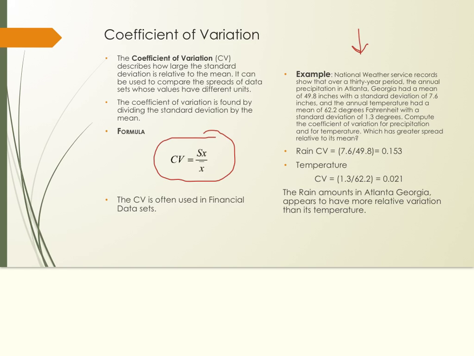So we want to compute the coefficient of variation for both rain, precipitation, and for temperature, and which has a greater spread relative to its mean. And when we did the calculations for both, we see that rain has a CV of 0.153 and the temperature CV is 0.021. So the conclusion is the rain amounts in Atlanta, Georgia appear to have more relative variation than its temperature.